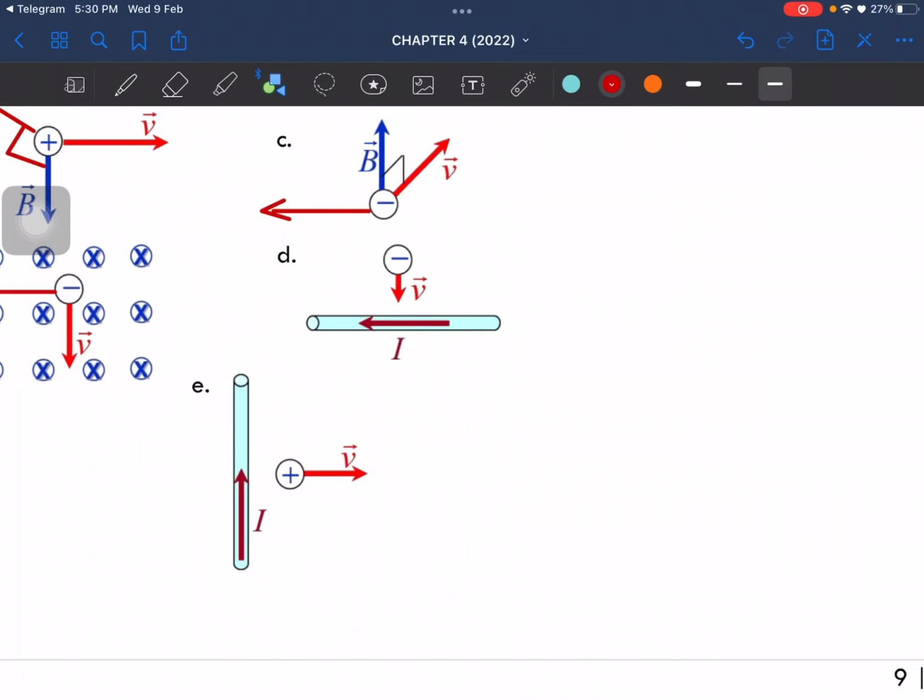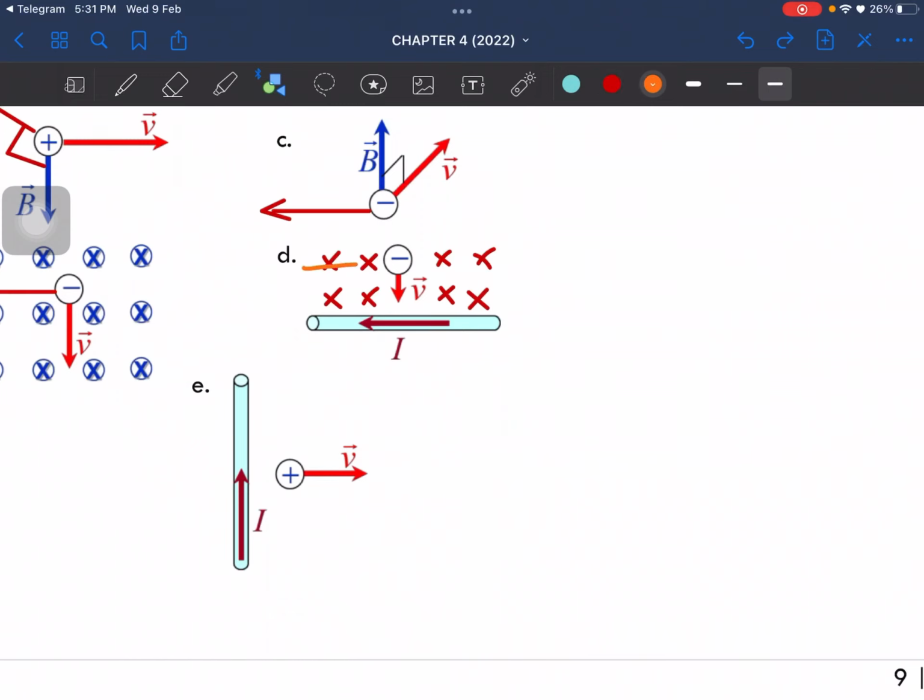Okay, so from that we know that the direction of the magnetic field will be going into the page, so our pointing finger would be pointing towards the surface and our velocity would be pointing down, hence giving us the force to be pointing to the left.